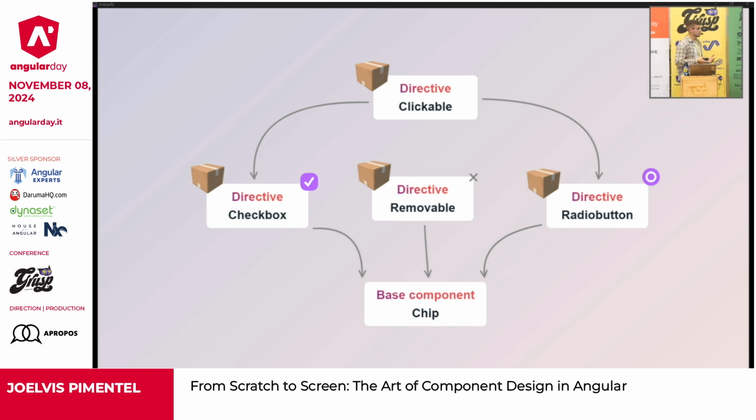In this example, we are adding our checkbox directive automatically to our checkbox, and we are adding the clickable directive automatically to the checkbox directive and to the radio button. And those directives can be optionally added to our chip. Then our chip will inherit all the features going up.